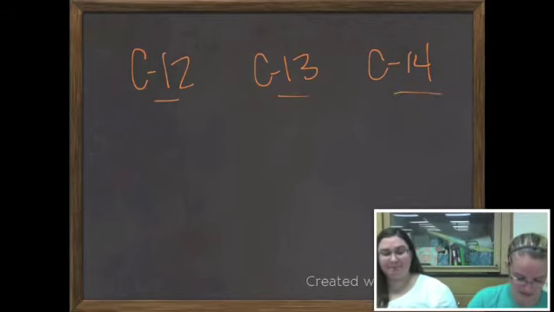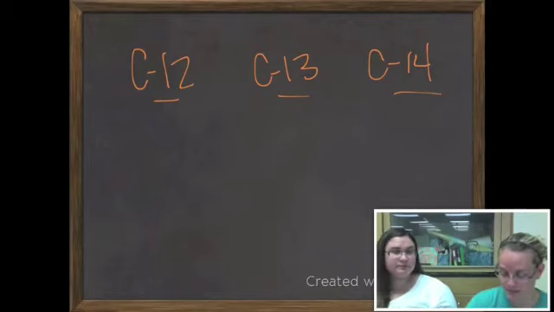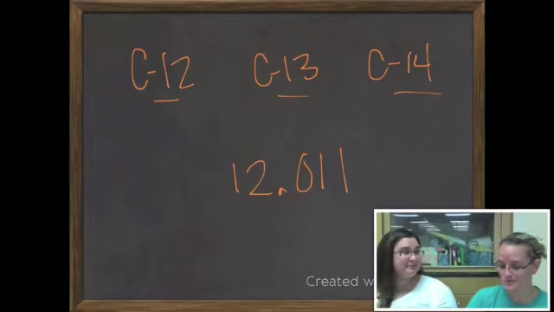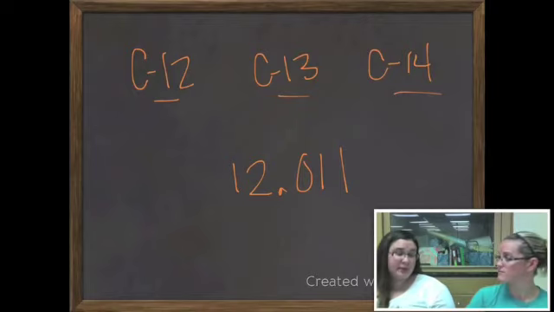Okay. Now, the average atomic mass for carbon, which you'll find off the periodic table, is 12.011. Pretty darn close to 12. So, if it's really close to 12, what do you think most of that average is made up of? Probably gonna be 12. Carbon 12.